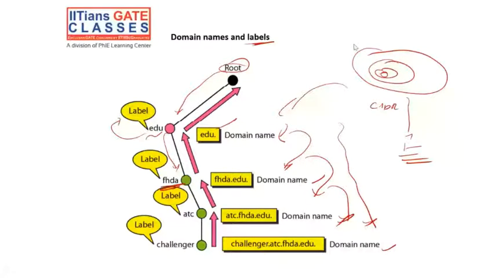And how do we search for our domain name or our IP with the help of the domain name? You can go from the leaf to the root or root to the leaf, top to bottom or bottom to top. We will see the technique for address resolution, the mapping of an address from name to IP or IP to name, both.